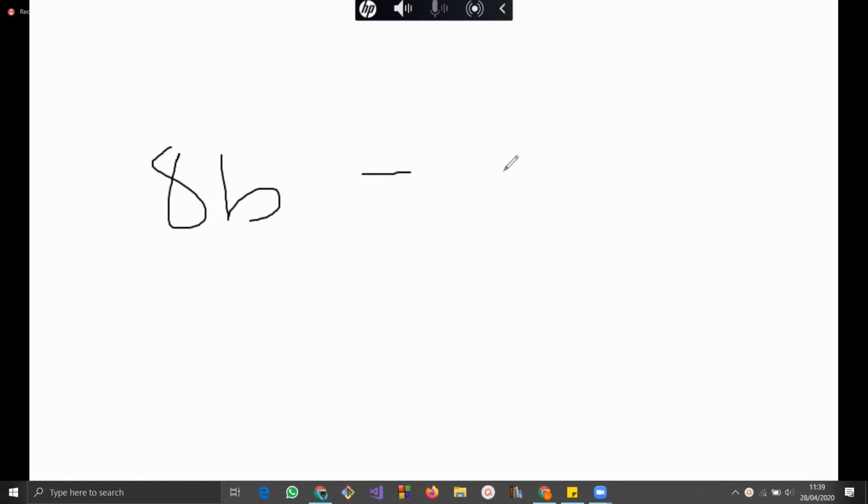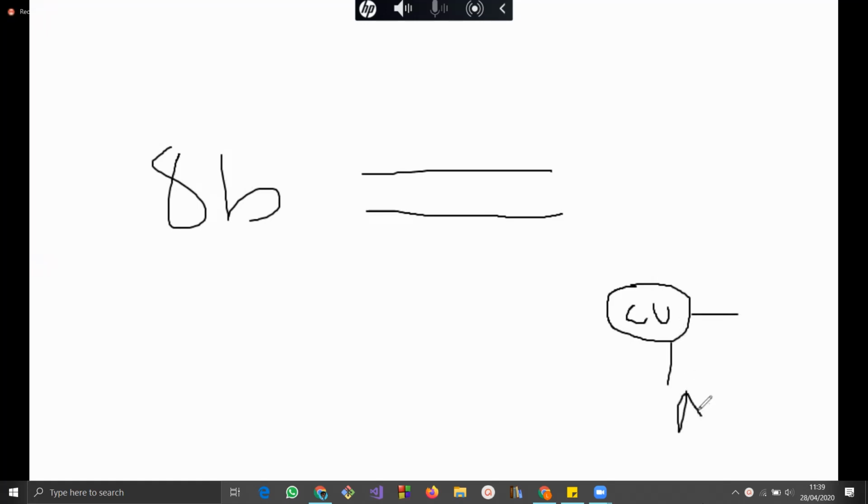Maybe this is the size of the bandwidth of the bus. Then you maybe have a CPU here, a control unit, with its actuators and sensors, and inside it has a CPU and its own bandwidth.